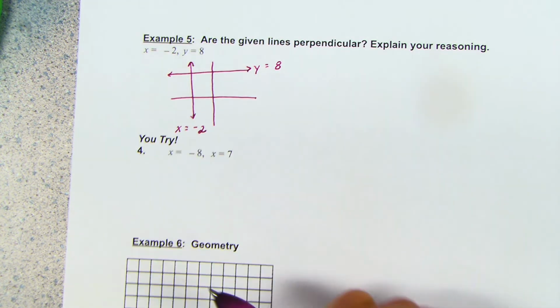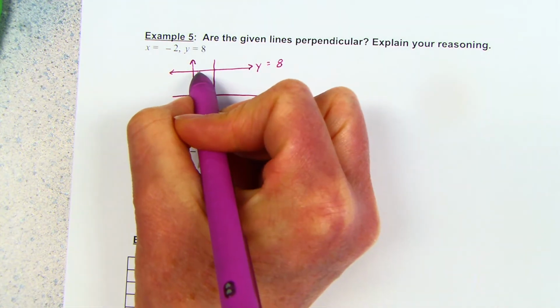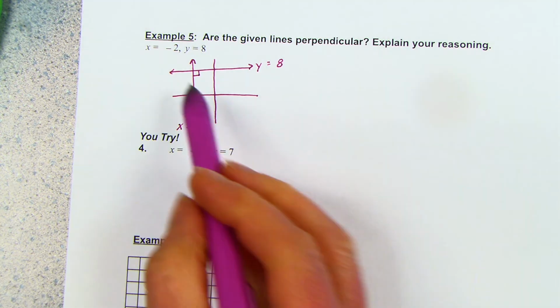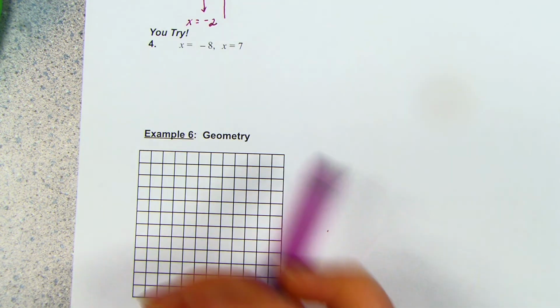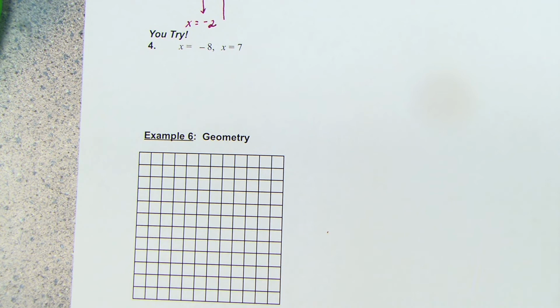Anything that crosses at a grid point, all verticals are perpendicular to all horizontals, right? So this is perpendicular. Then you have one where you have two x values, so you have to decide whether those are perpendicular.